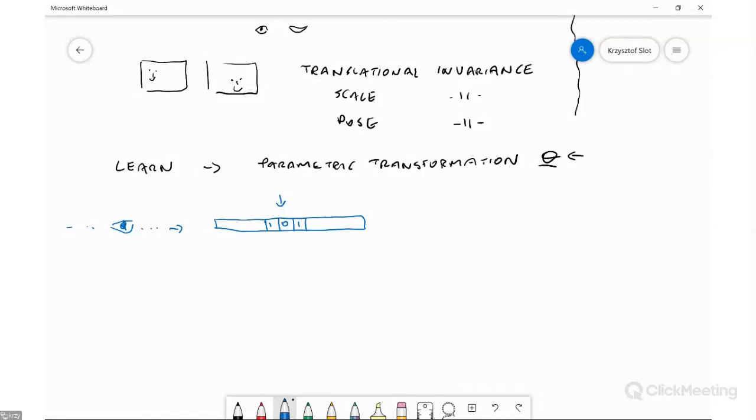Well, it is nothing really innovative, because we are talking about this kind of analysis. For example, what I can do is compute a dot product of this piece of my input data with some other vector that is, for example, arranged this way: 1, -1, 1.